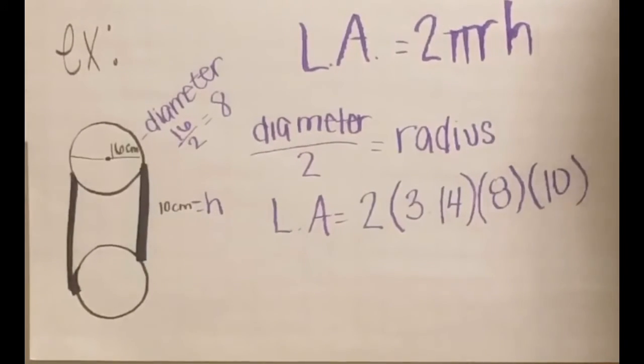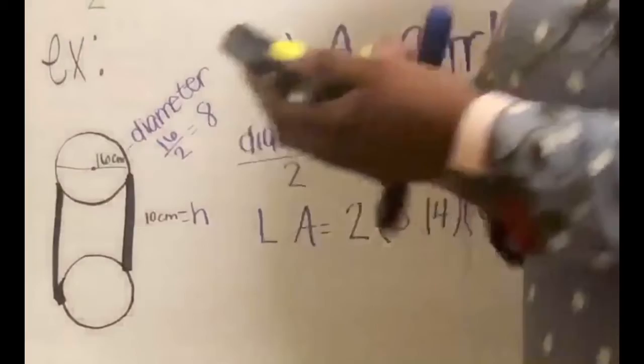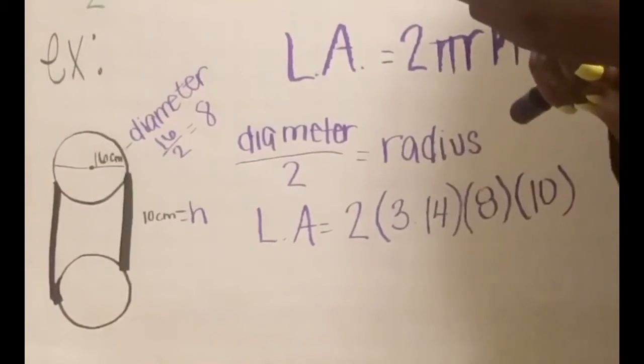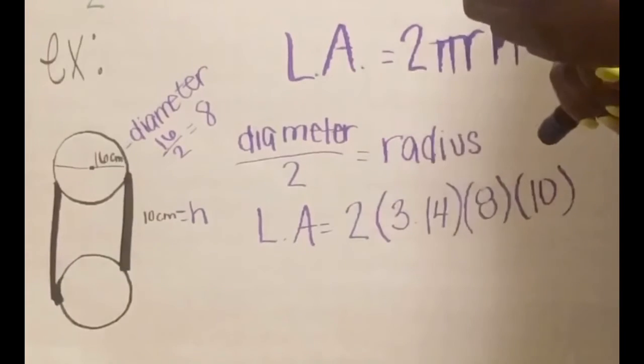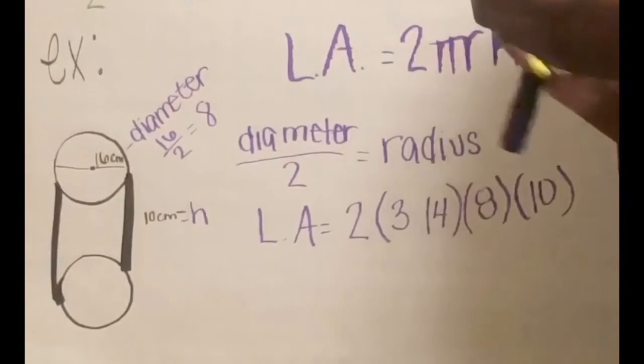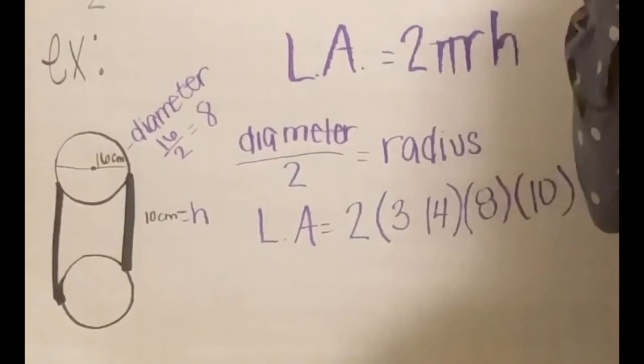So, put that in your calculator. I'm going to get my calculator. We're going to calculate. So, you should be putting everything in. And we're going to see if you come up with the same answer that Miss B got.